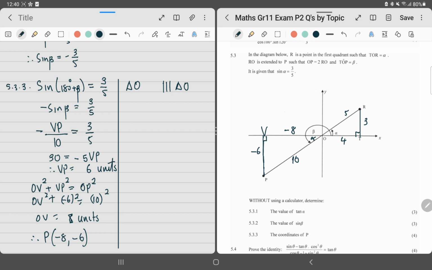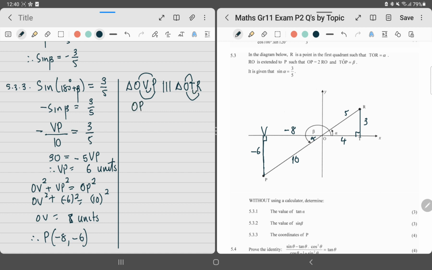And then V should be equal to T because they are both equal to 90 degrees. So this side, the V should go with the T in that other triangle, and then the P will go with the R. Okay, so now we'll create a ratio. We'll take that over that, and then that over that, then this over that.